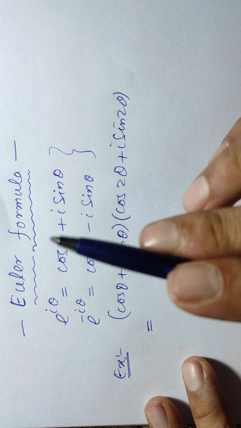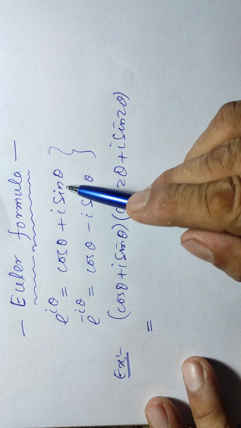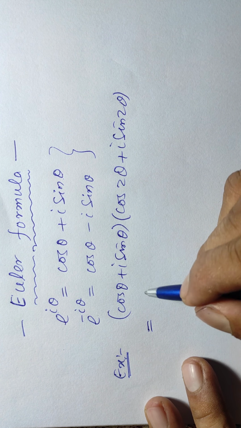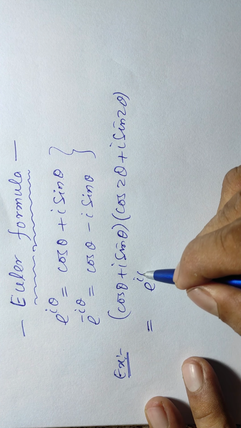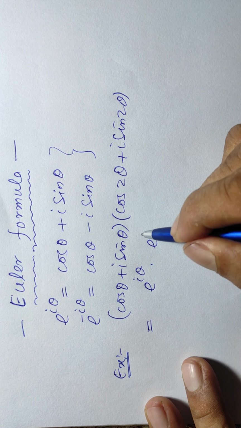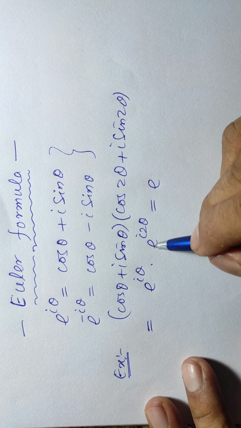See here. According to Euler, remember, cos should be the real part, sin should be the imaginary part. So cos theta plus i sin theta is equal to e to the power i theta. And cos 2 theta plus i sin 2 theta is e to the power i 2 theta. That means e to the power i theta into e to the power i 2 theta.